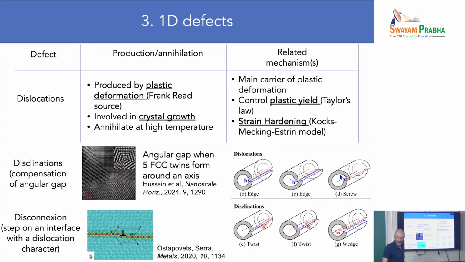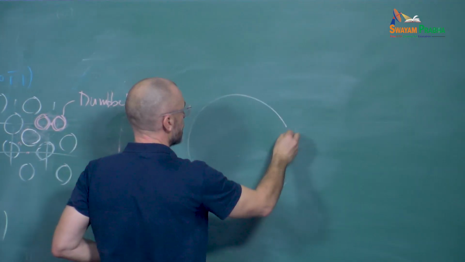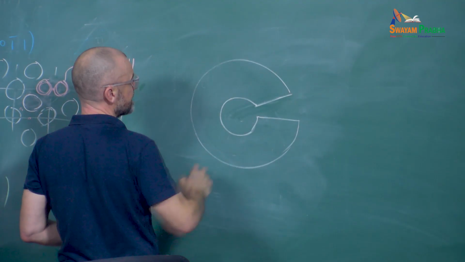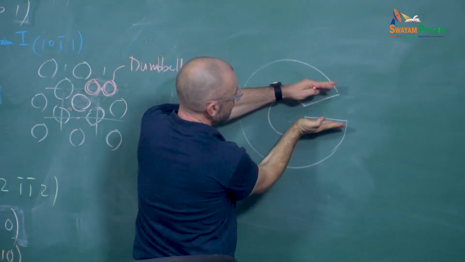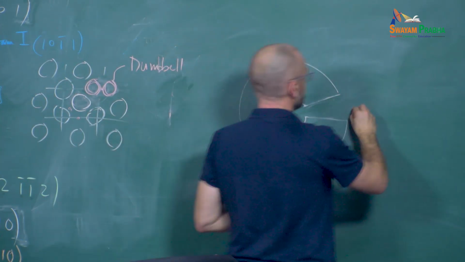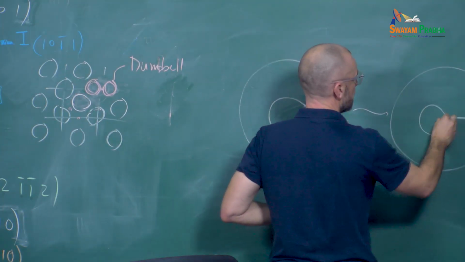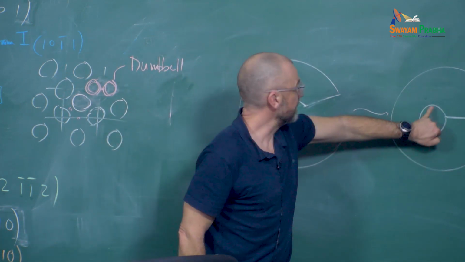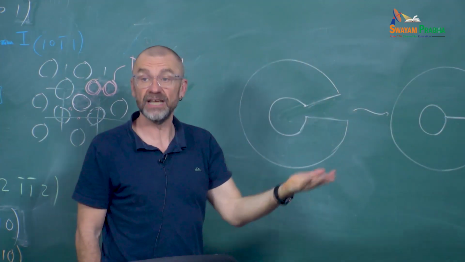For example, if I take a continuum material like this, which at equilibrium does not want to close, and I force it to close, I put glue on both sides and glue them together. I'm going to have a system like this, and with the angle closed, the system is out of equilibrium, and the defect that allows this closing is called a disclination.